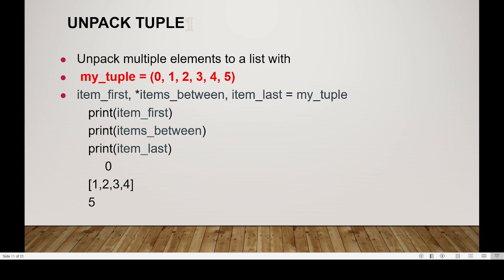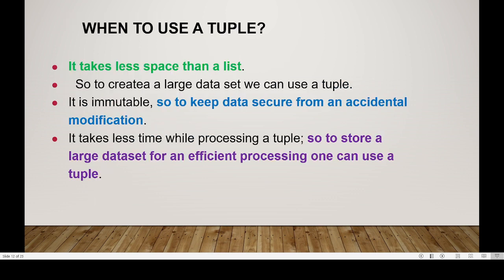For example, if my tuple contains 6 elements 0, 1, 2, 3, 4, 5, and I write 3 variables on the left side of the equal to sign, with item first, star item between, and item last, that star item between will contain a list, and item first will contain the first element, item last will contain the last element, and the star item between variable will contain the rest. So it will contain 1, 2, 3, 4.